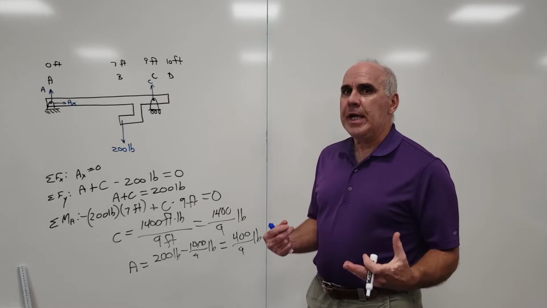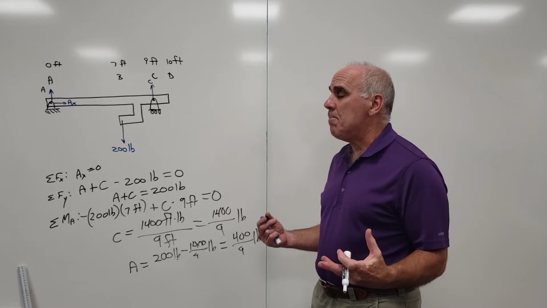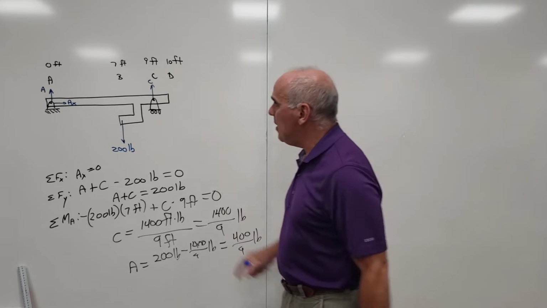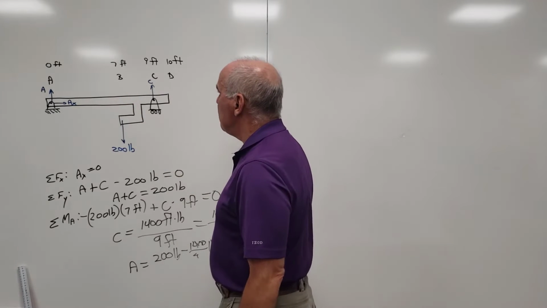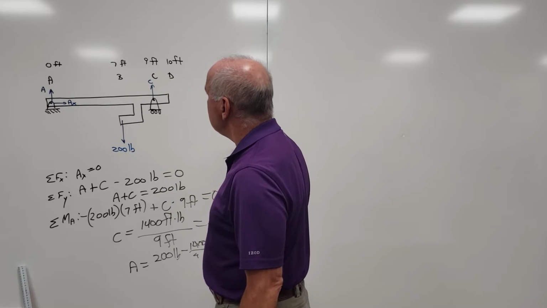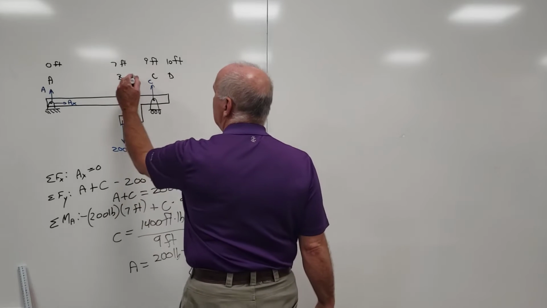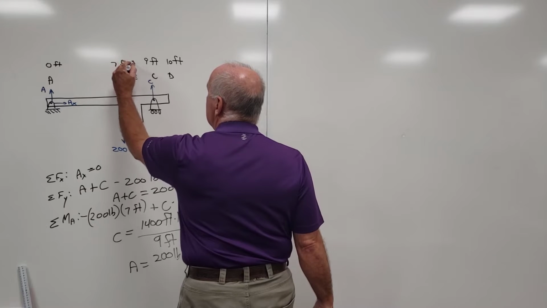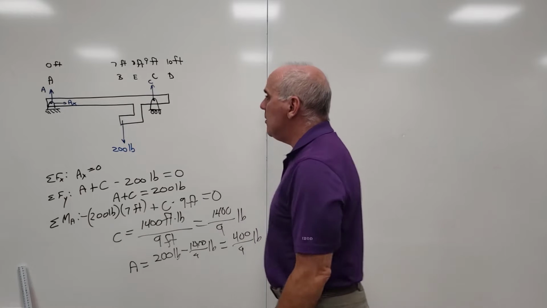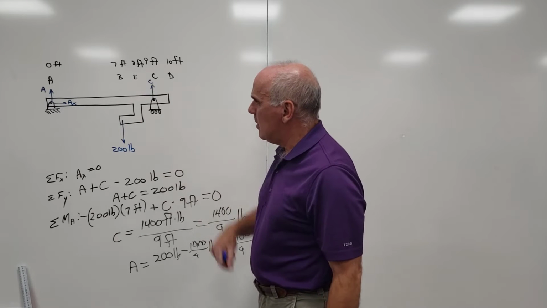Okay, but now we want to look at what's going on as we're looking at this thing. Now, if we make a cut between, and actually I better label this as E, and that's at 8 feet. Okay, but let's take a look at what's going on.